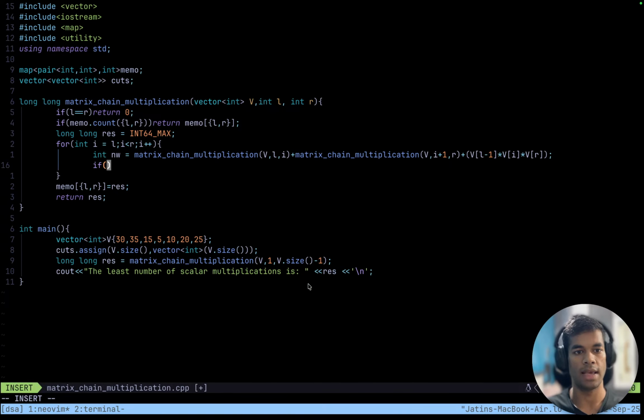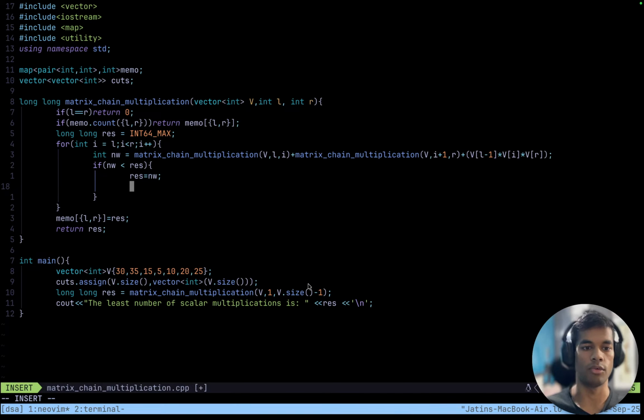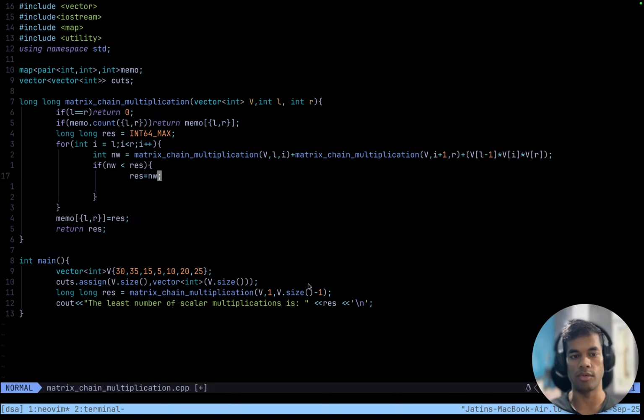Now, if NW is smaller than our response, then first of all, response becomes equal to NW, and also we will put this into this. But sometimes we are actually not going inside. So is that bad? I think no, because we are only avoiding going inside this loop when we have already found this. And when we did find this for the first time, we would have updated our cuts.